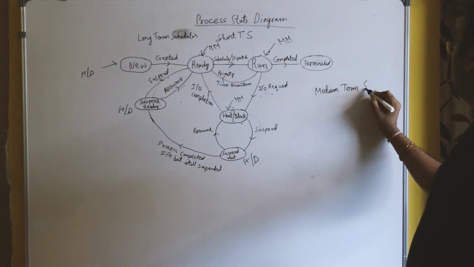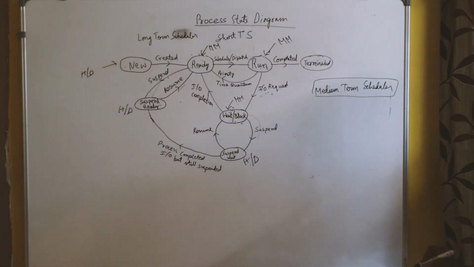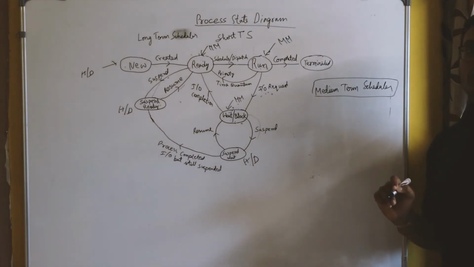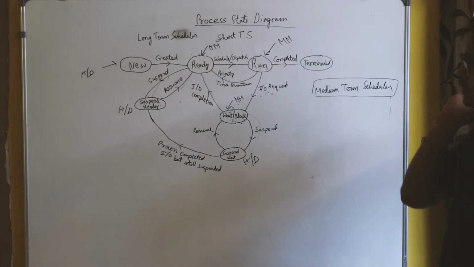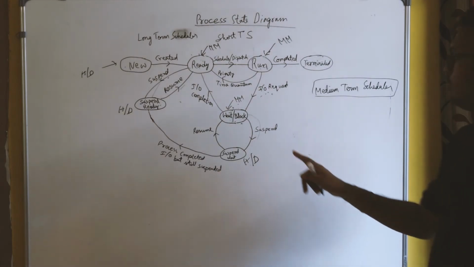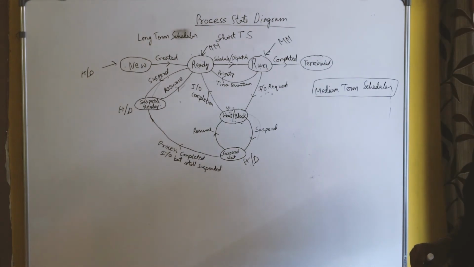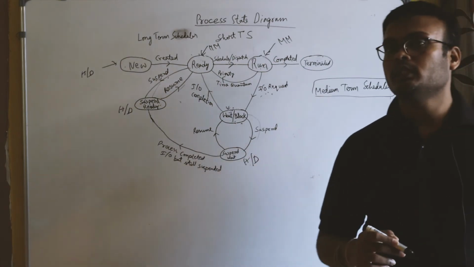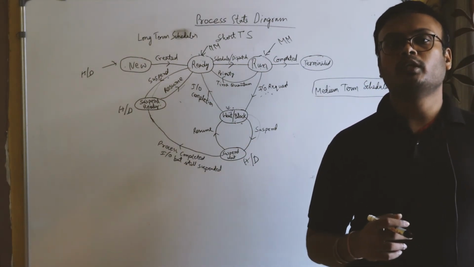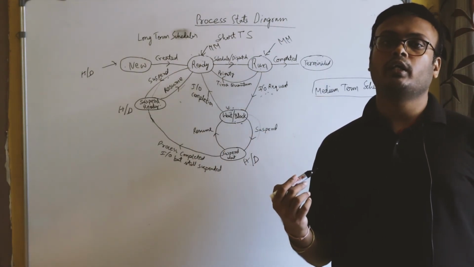And also there is a medium-term scheduler. You will get to know more about the medium-term scheduler when I teach you the memory management unit, page fault, all these things. Here I will give you a brief overview. It's the job of the medium-term scheduler to handle the case where a process is unnecessarily occupying main memory space, and some process from the hard disk wants to enter the main memory.